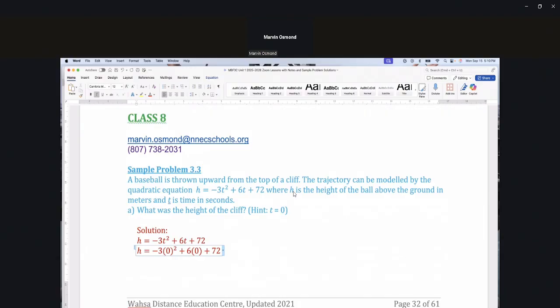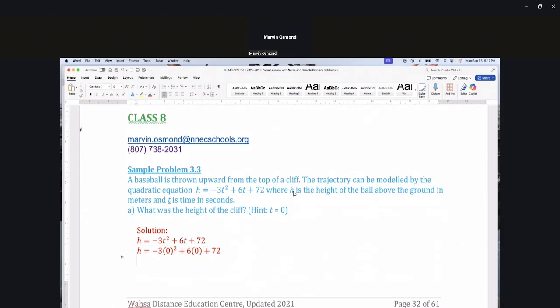Now, don't forget, when we have a number in a bracket and another number outside of the bracket, it means we are multiplying. Now we've got the substitution done. That's the first part: substitute the value of 0 into the equation for t.